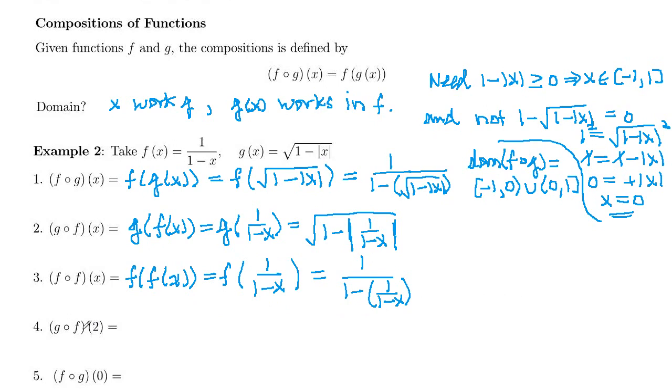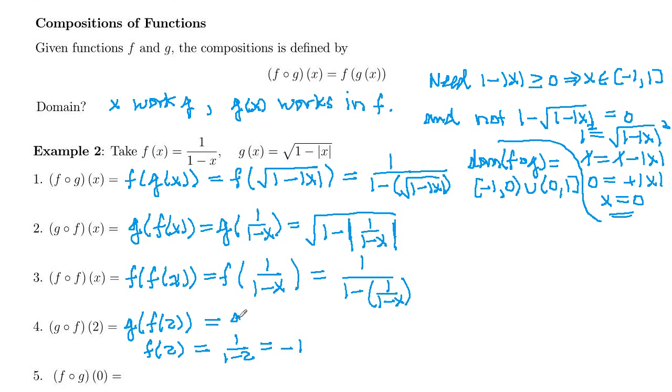And then we've got a couple compositions at specific values. So g circle f at 2 is g of f at 2. So here, work from the inside out. So your f at 2 is plug 2 in here. So it's 1 over 1 minus 2, which is 1 over negative 1, which is negative 1.